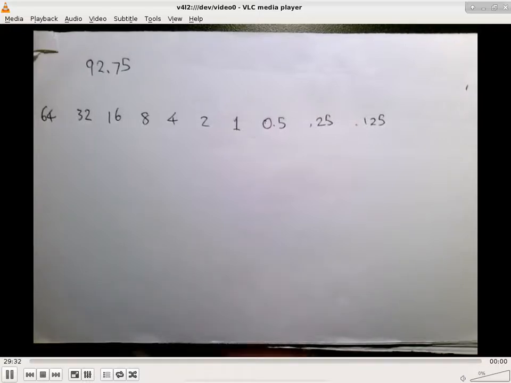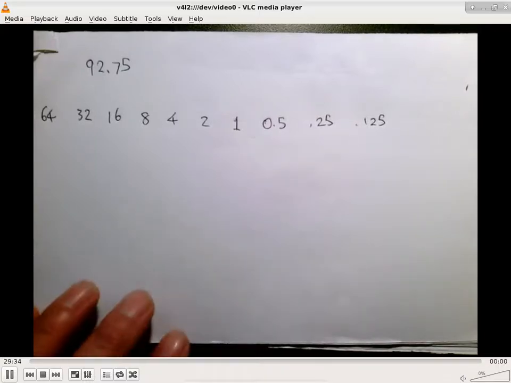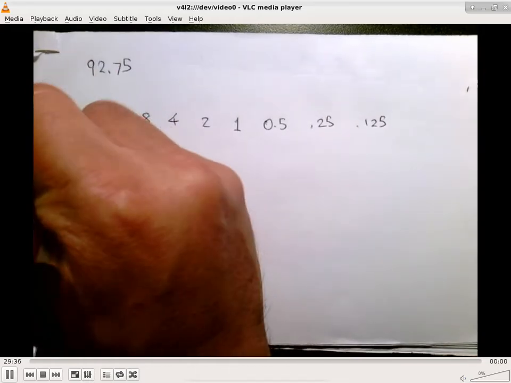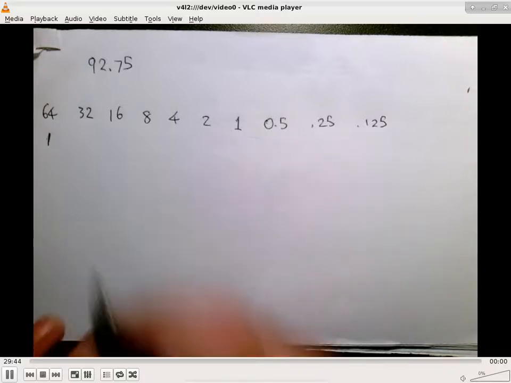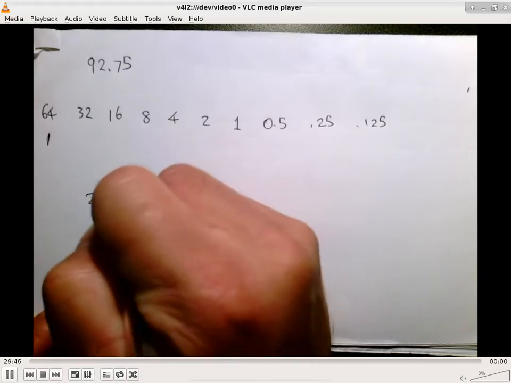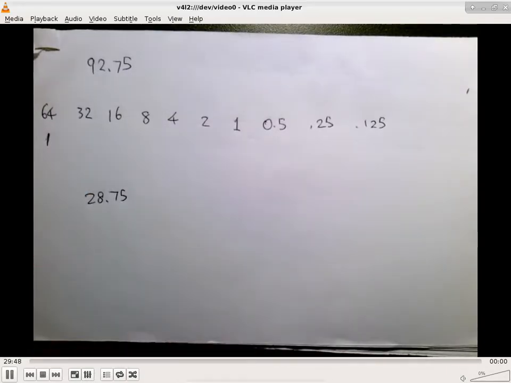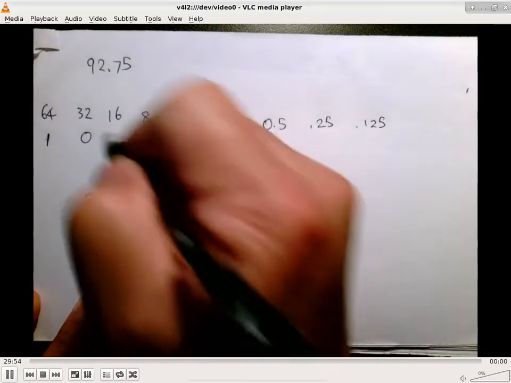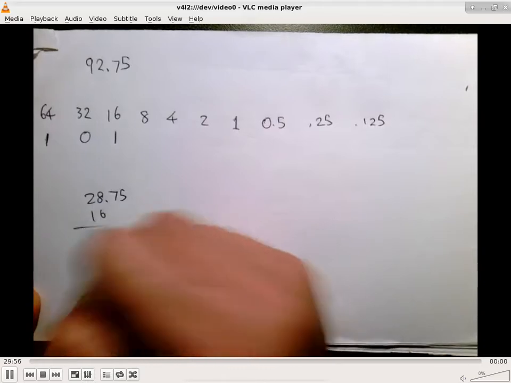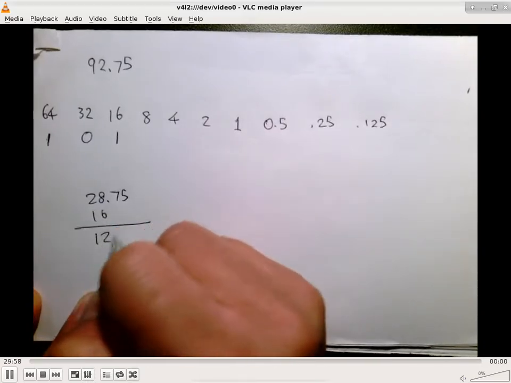Okay, so out of these numbers, 64 fits the bill. Okay, so you say, I'm going to pick out a 64. So after you take a 64, how much is left? 28. Okay, so you have 28.75 left. So you don't have any 32, so you go to 16, you take a 16, so you get 16 out of this, you get 12.75.